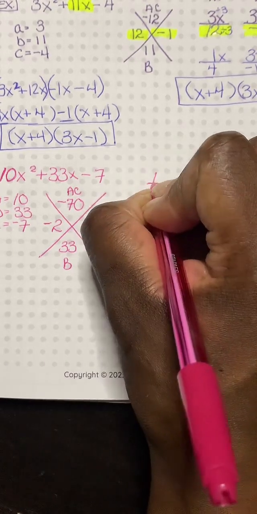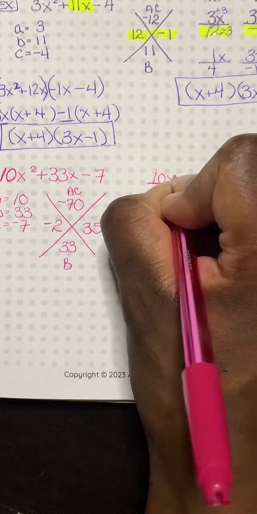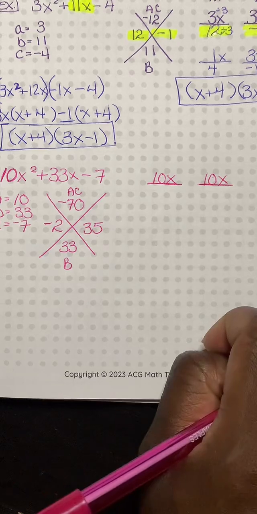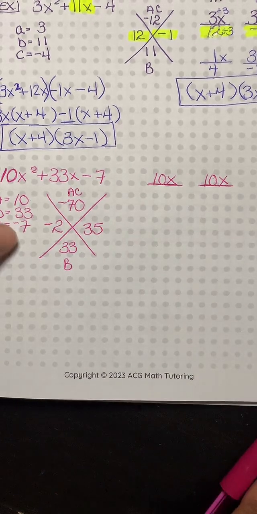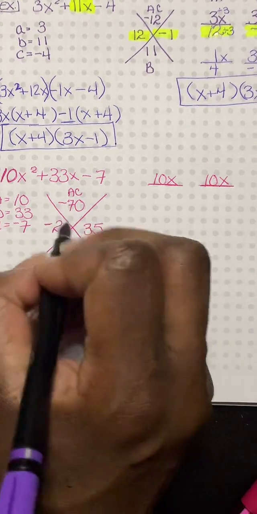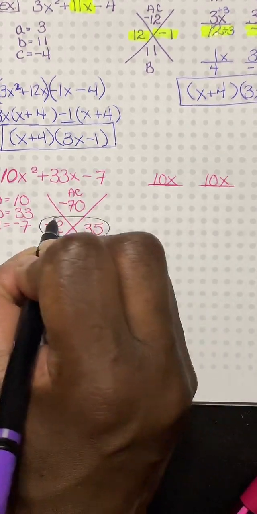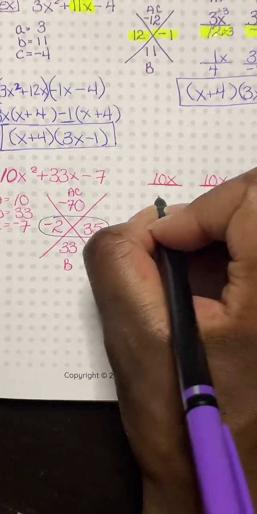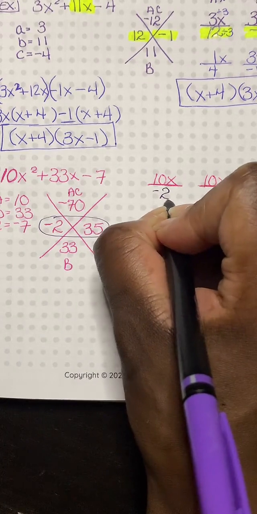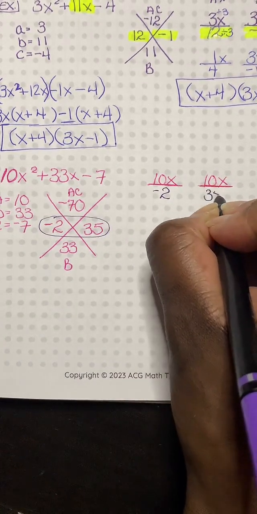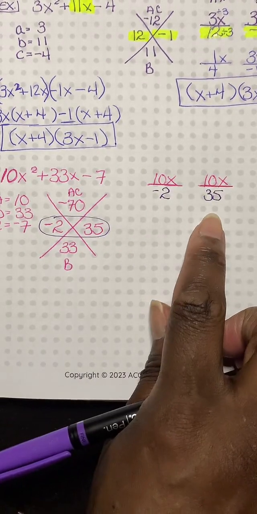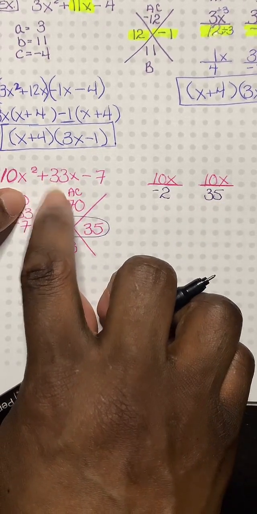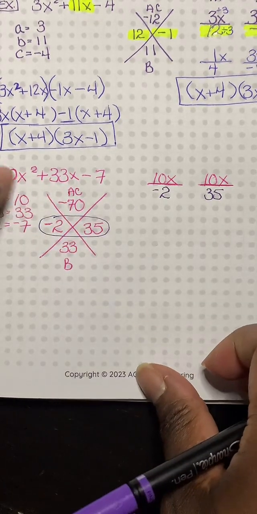So my a's were tens, and the variable is x, so I'm writing out my 10x twice. The numbers that we found are going to be the denominators for my ratios. So we have a negative 2 and a positive 35. The 35 is not going to be negative because we needed a positive 33. I thought it was negative, but it's really positive.